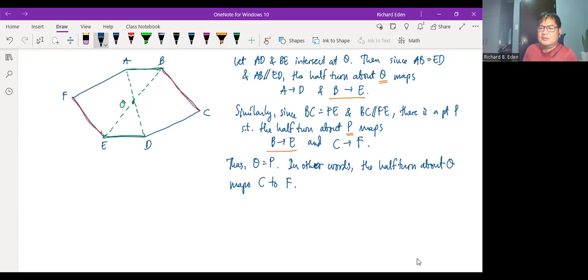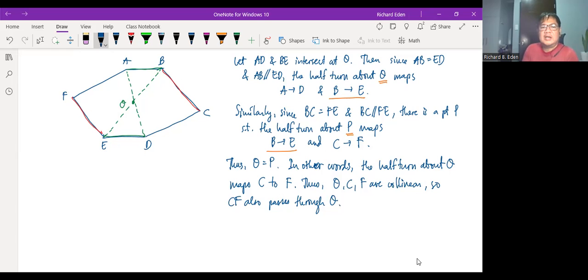In other words, wrap up ko lang. The half turn about O maps C to F. Thus, O, C, F are collinear. So, ayan, CF also passes through O.